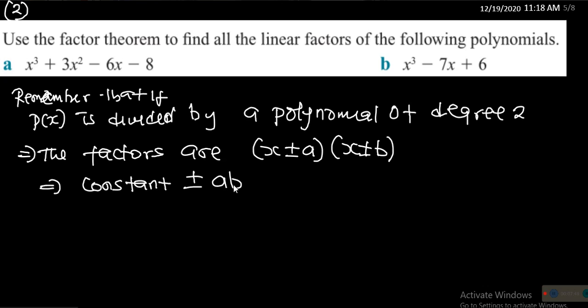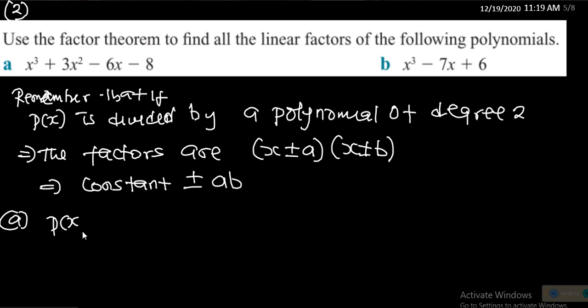Now if you want to use the factor theorem to find the factors of this expression, you will find the factors of the constant, then we use the integral zero method or the trial and error to check if these factors of the constant will give you a remainder of 0 when you substitute for x in a polynomial.